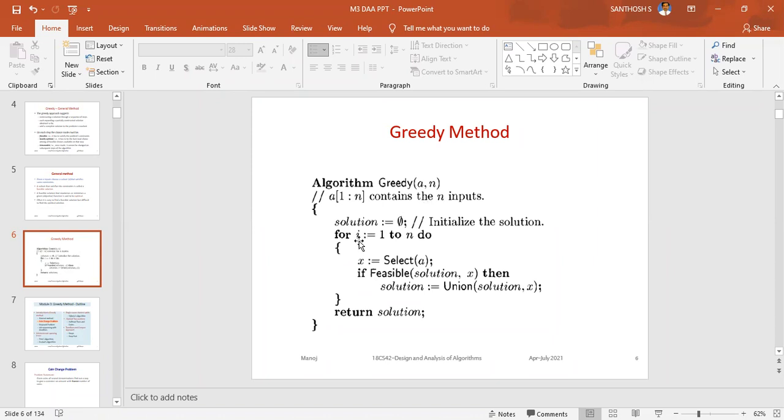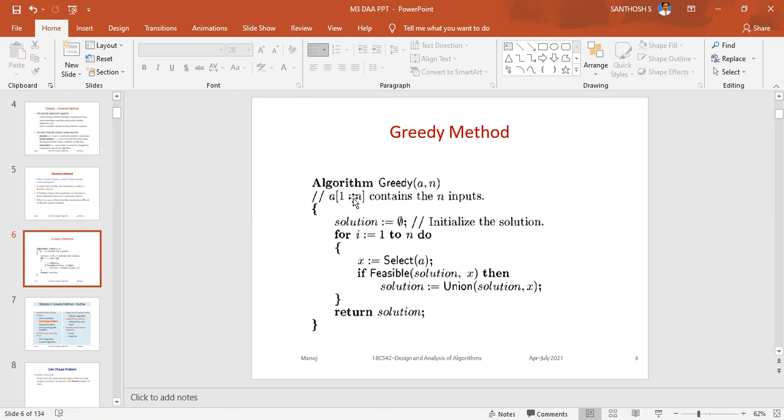Next you start from each subset. For i equal to 1 to n, from the array A, you select of A. Select of A means you select the subset. So 1 to n are there. Suppose I gave 1 to 3.